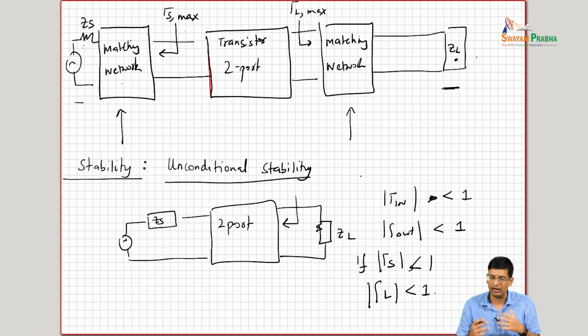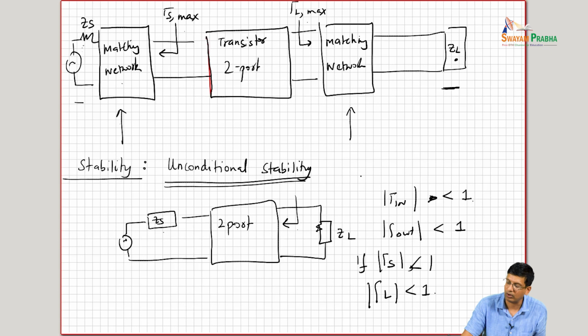But you decide that what you would like is a situation where no matter what load is presented and no matter what source is presented, you will always find that, remember, looking in here, this was a function of what gamma L was, and looking in here, this was a function of what gamma S was, right?